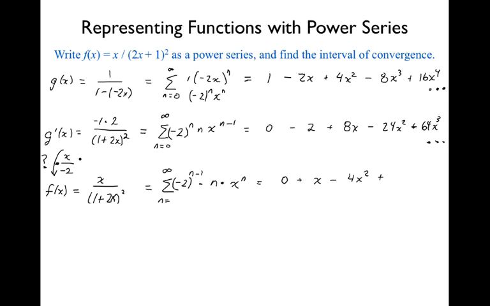Plus 12x cubed minus 32x to the 4th. Am I doing the math right? So all of these are equal to g prime, and all of these are equal to g prime times x divided by negative 2, which is the same as f.